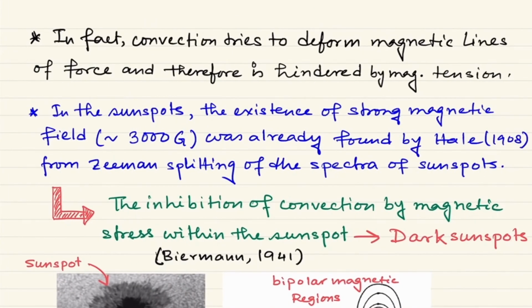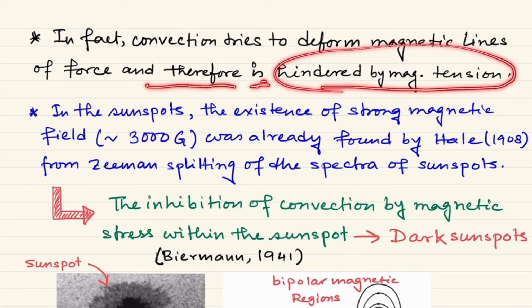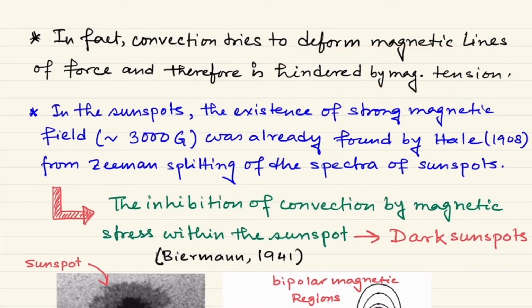Now, in fact, why is this? Physically, it is because the convection tries to deform the magnetic lines of force and therefore the magnetic tubes of force, and this is hindered by the magnetic tension, because magnetic tension does not entertain, to its best possible, any type of sudden deformation of the magnetic lines of force or tubes of force.